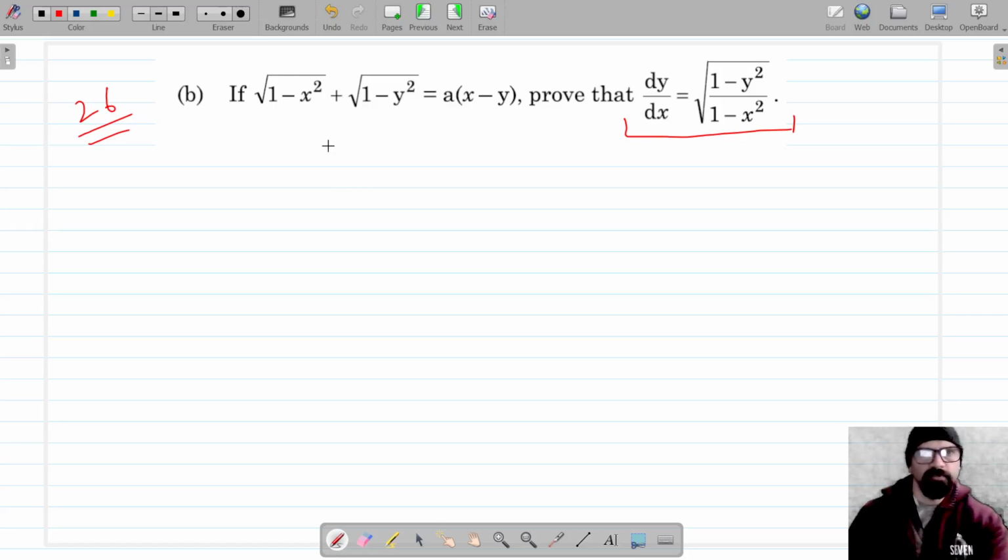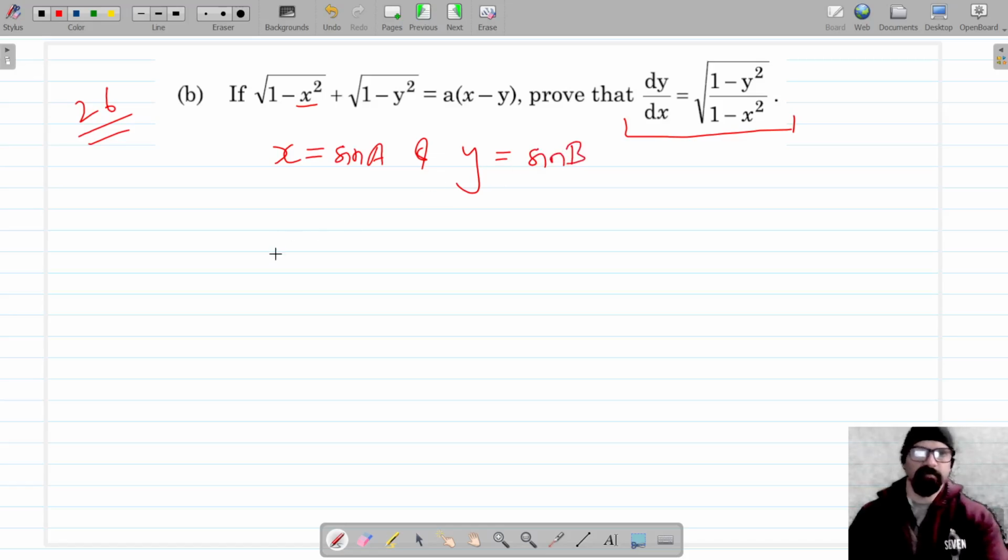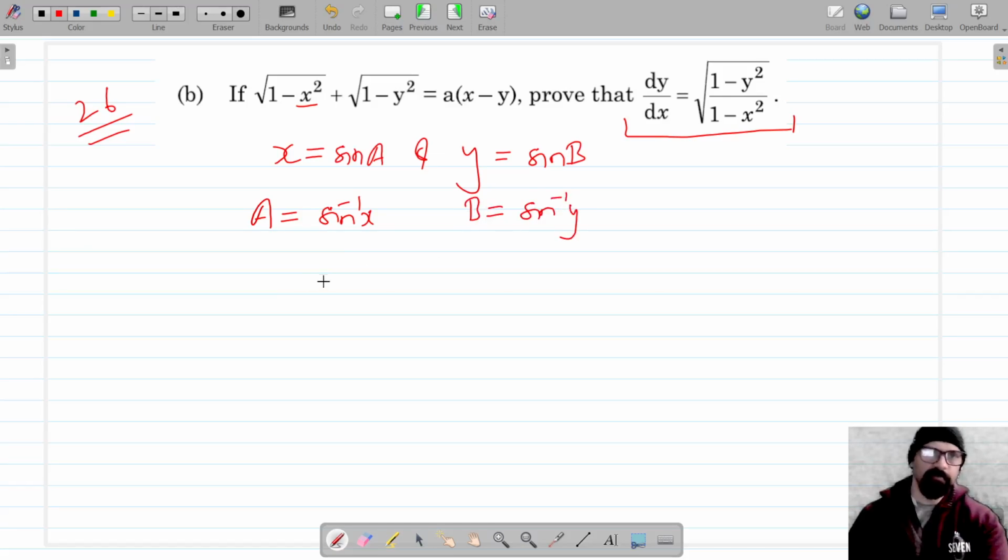So let's say x is equal to sine a, and let's substitute y with sine b. So if x is equal to sine a, then a is equal to sine inverse x, and b is equal to sine inverse y.